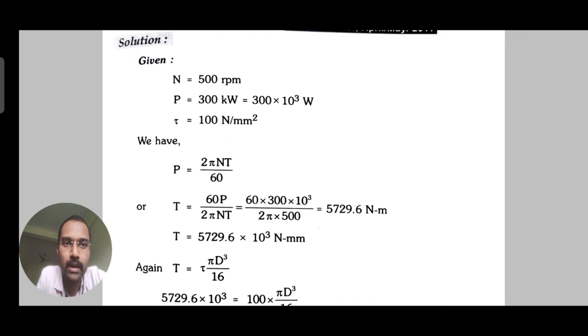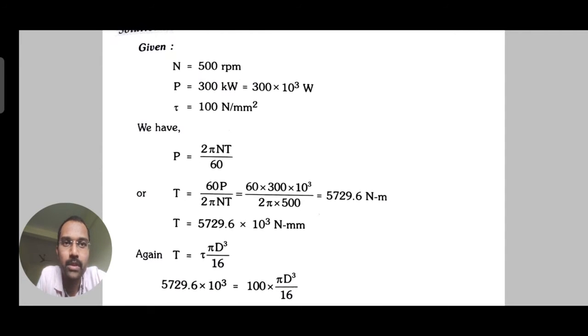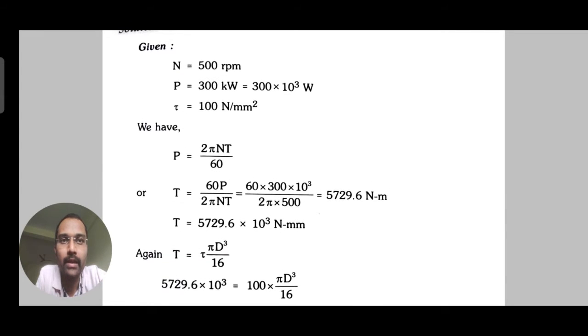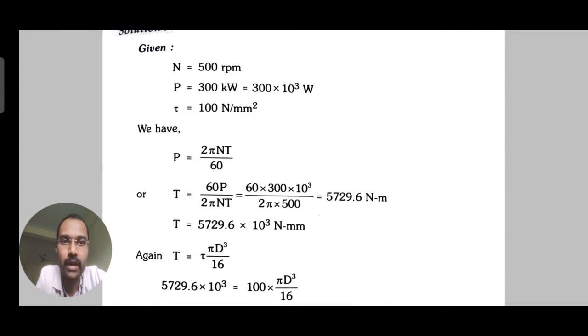In place of P we are substituting in terms of watts, 300 into 10 to the power of 3, not in kilowatts, by 2 pi into N, the revolutions per minute, which is 500.